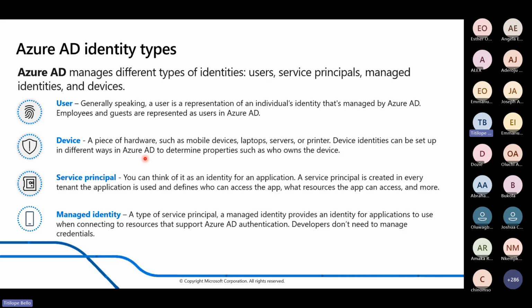However, you also have different flavors of Azure Active Directory. You have Azure AD, the Microsoft Azure Active Directory service. If you want to get close to the features you have on the on-premises Active Directory, then you'll be going for Azure Active Directory Domain Services.